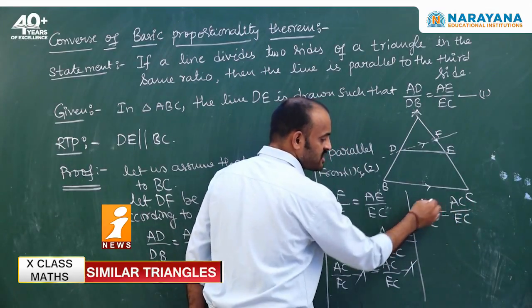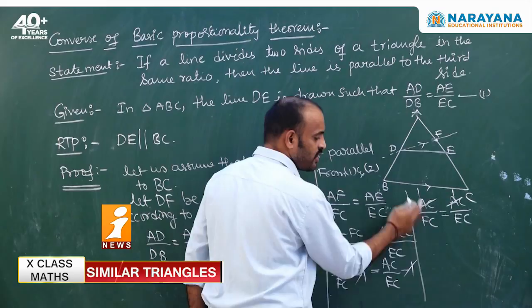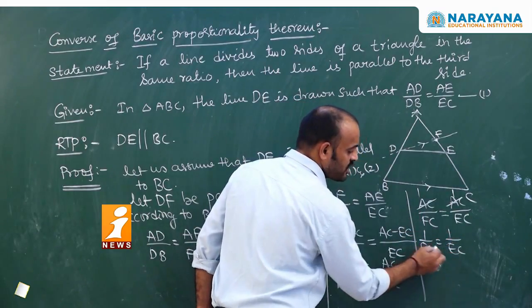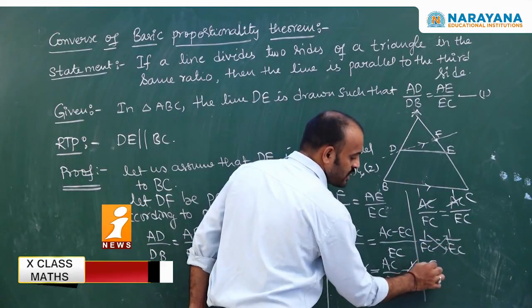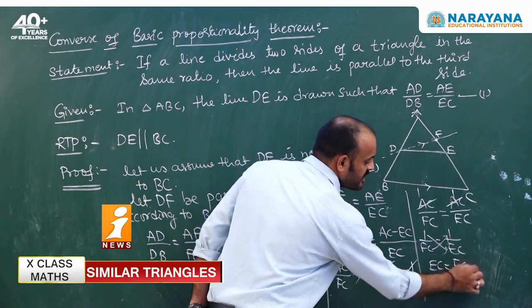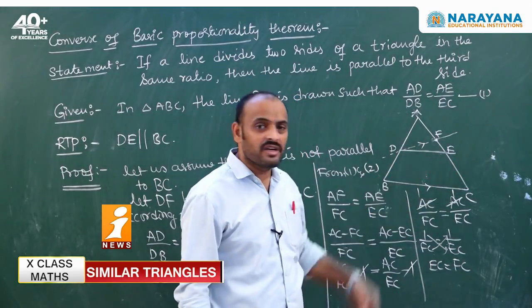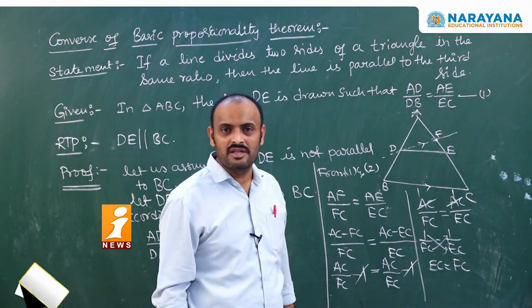So both numerators are the same, I can cancel them. So 1 by FC is equal to 1 by EC. On cross multiplication, you will get EC is equal to FC. By seeing the figure, can we say that EC is equal to FC? No, we cannot.